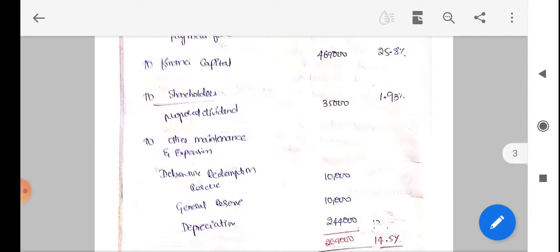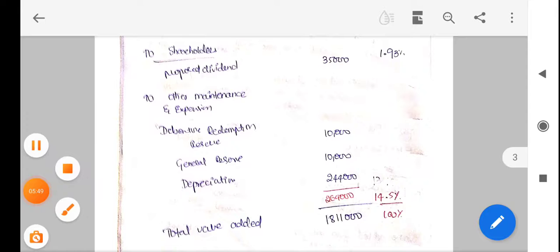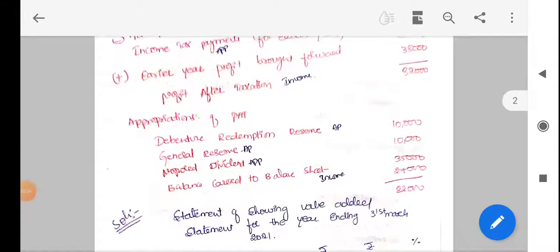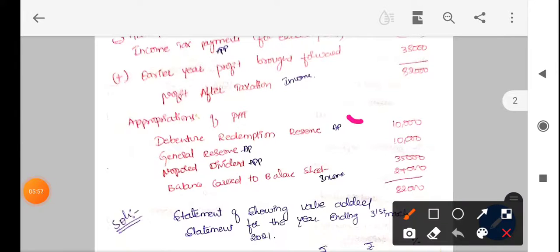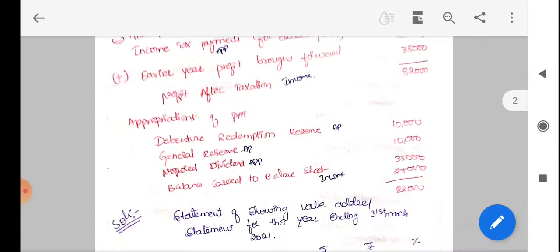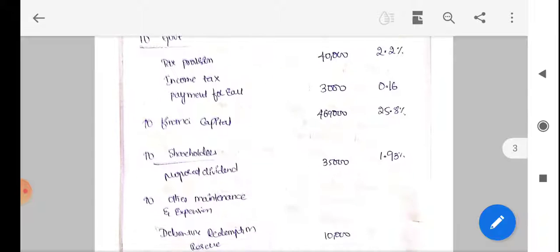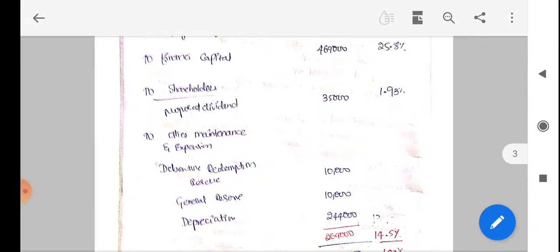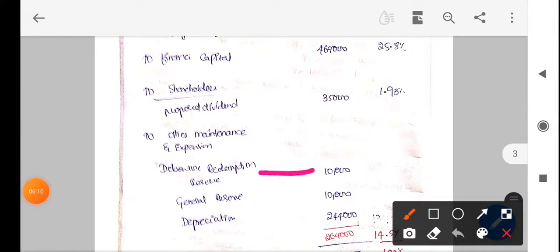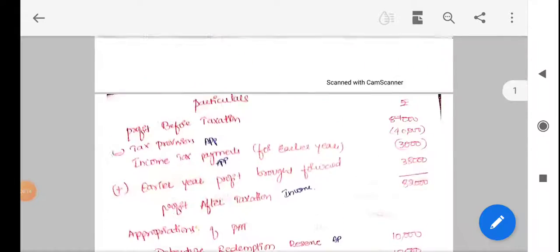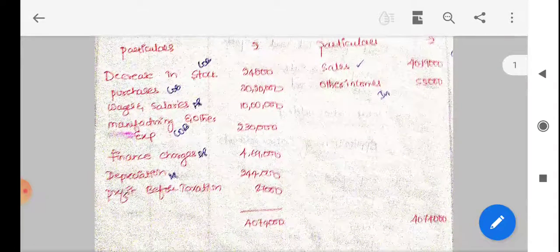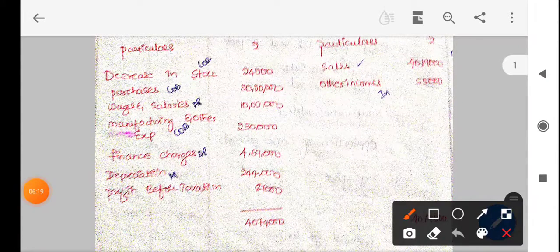The last heading is to pay for maintenance and expansion of the company. In the last they have given us the debenture redemption fund, general reserve, redemption fund. Proposed dividend will not come here. Debenture redemption fund 10,000, general reserve 10,000, and depreciation which is given in the problem is 2,44,000.